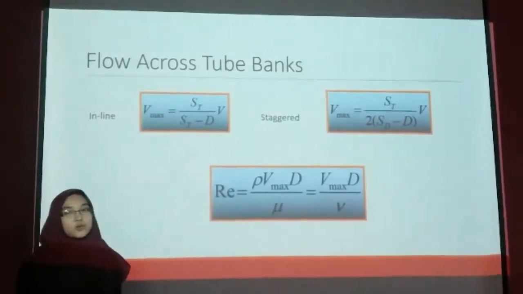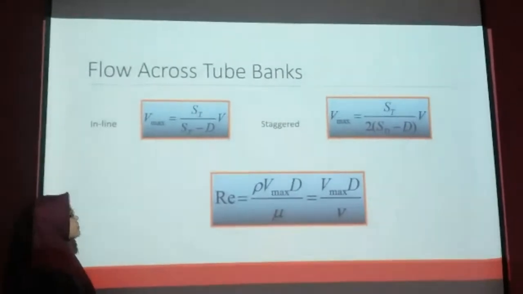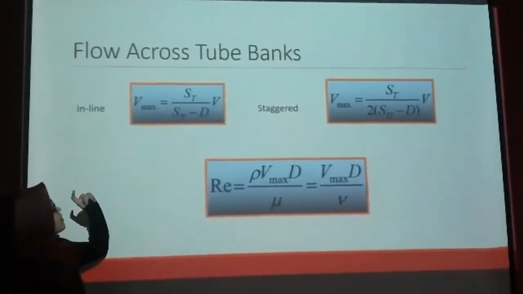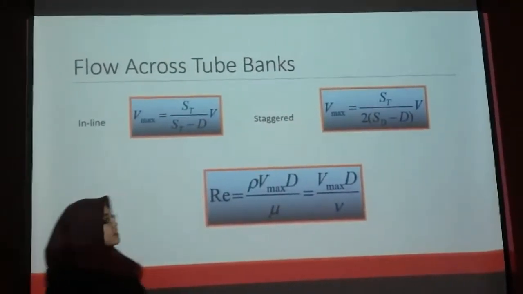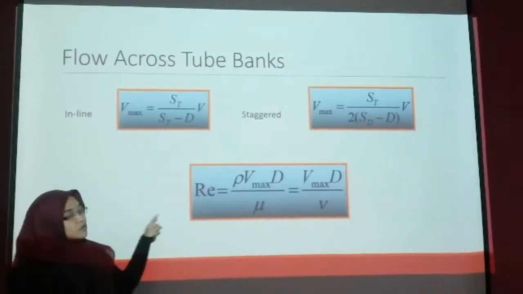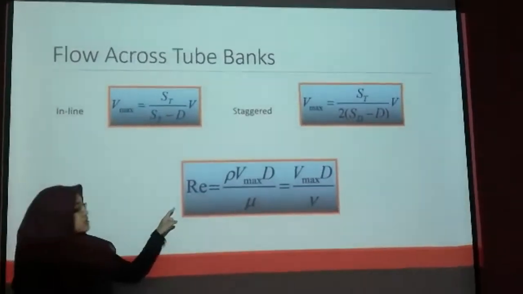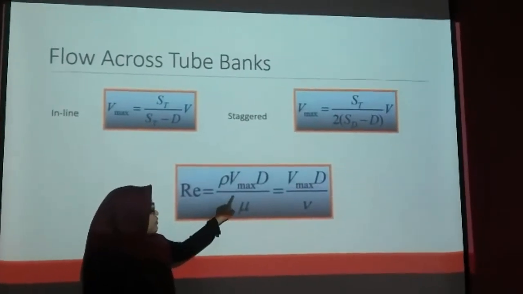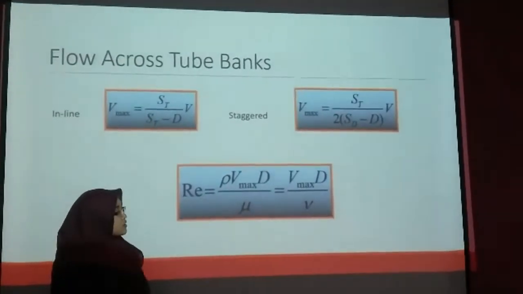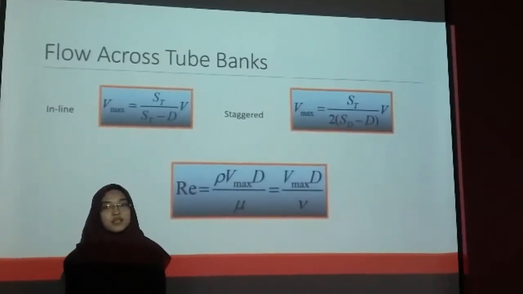For flow across tube banks, we have formulas to find the maximum velocity for in-line and for staggered. Lastly, we have the Reynolds number for flow across tube banks: Reynolds number equals rho times Vmax times D over mu, equal to Vmax times D over nu.